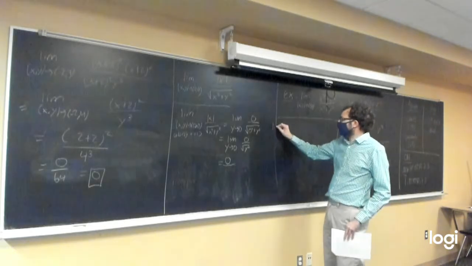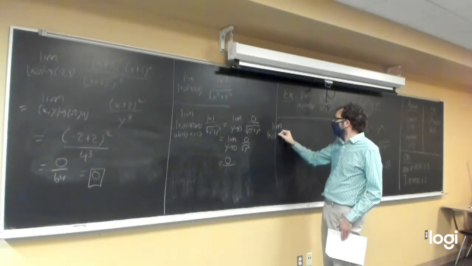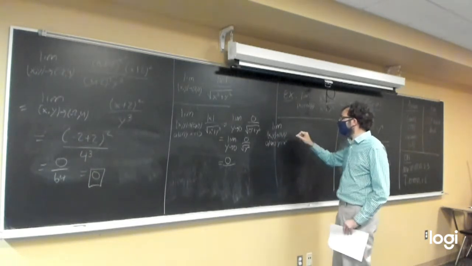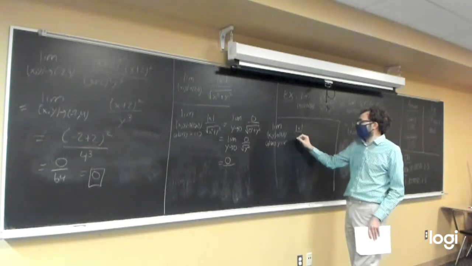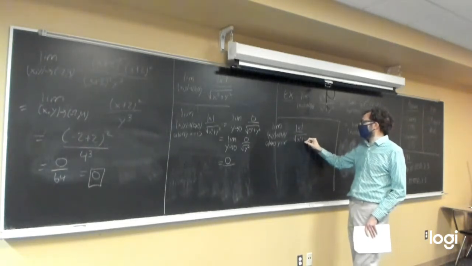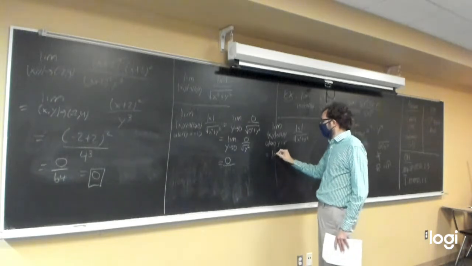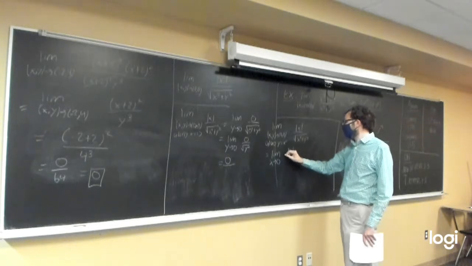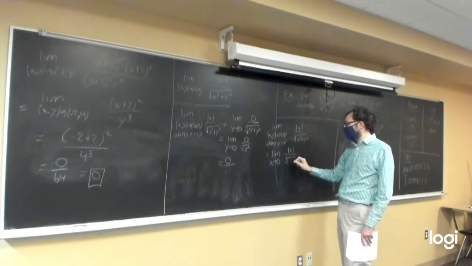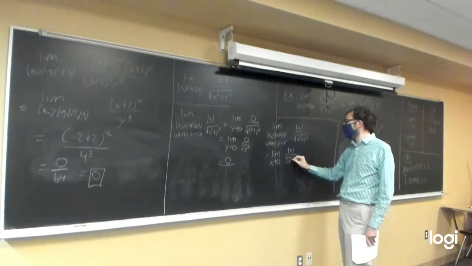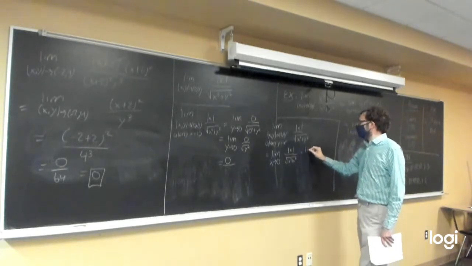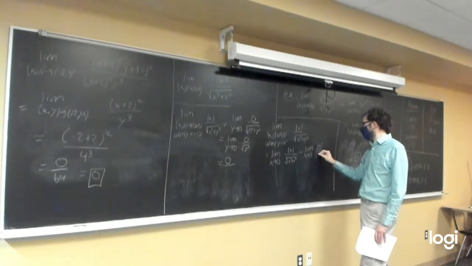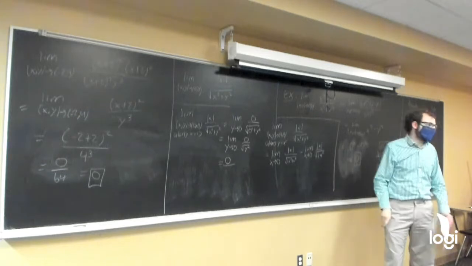So if we do that, we could take the limit as (x, y) approaches the origin along y equals x of absolute value of x over square root of x squared plus y squared, which I think will give us the limit as x goes to 0 of absolute value of x over square root of x squared plus x squared, which would be the limit as x goes to 0 of absolute value of x over the square root of 2x squared.